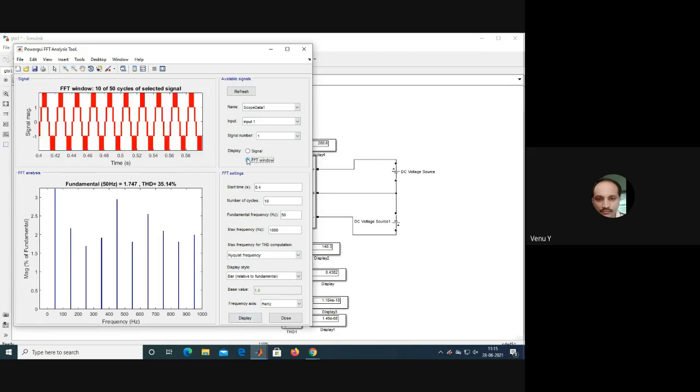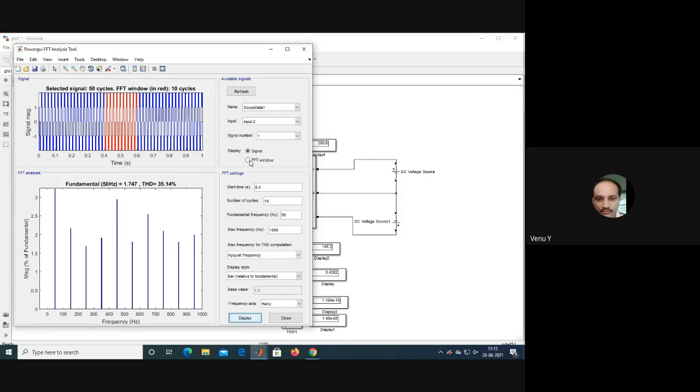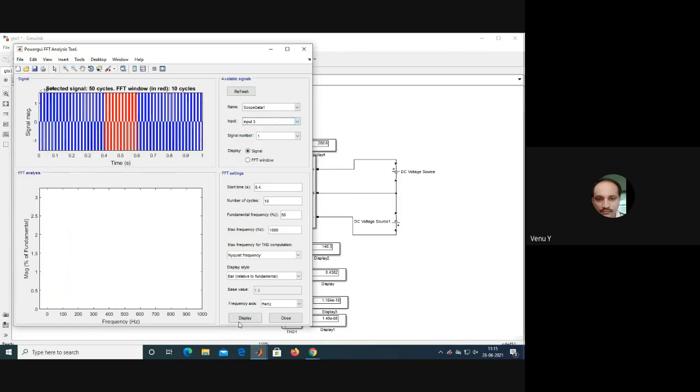Current is also having the same THD. Phase B. Last one, phase input 3.